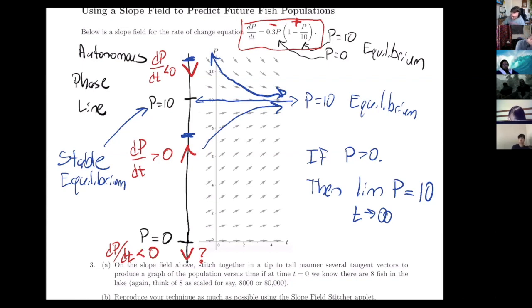So these solutions would look like this. And so this equilibrium over here, because if we start close to 0, but not exactly at 0, the solutions head away from that value, we would call this an unstable equilibrium.